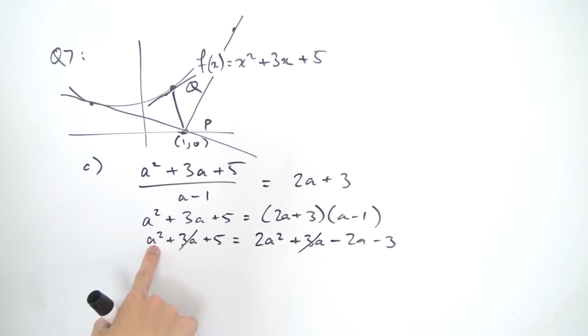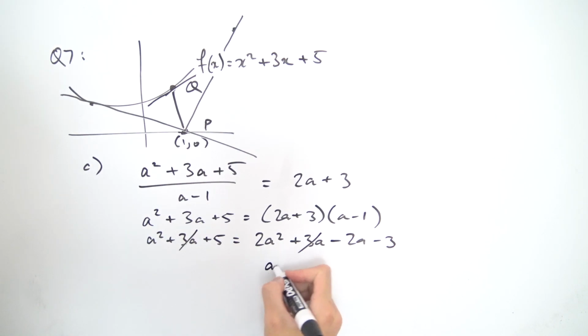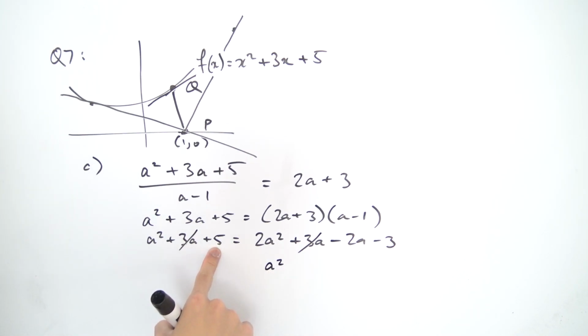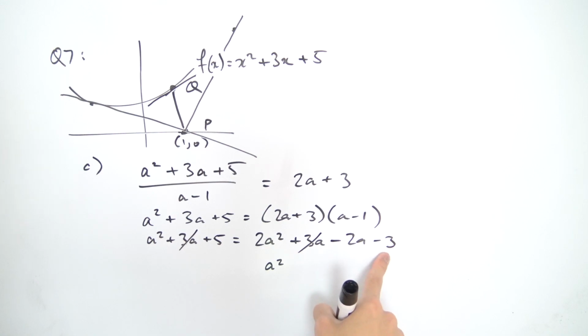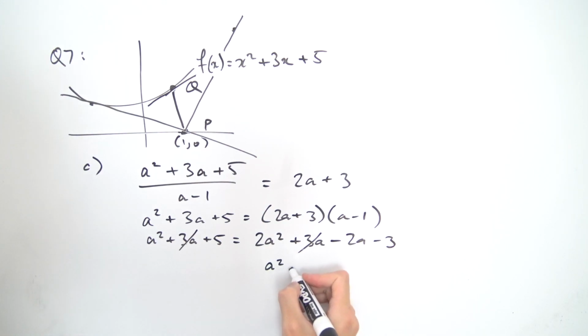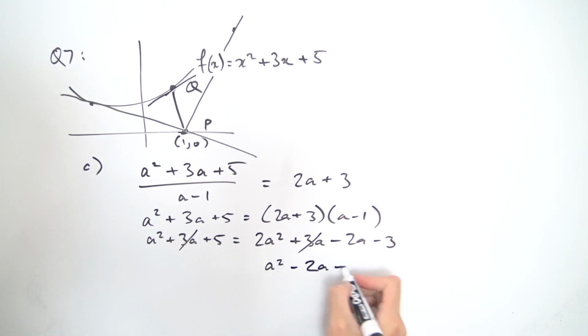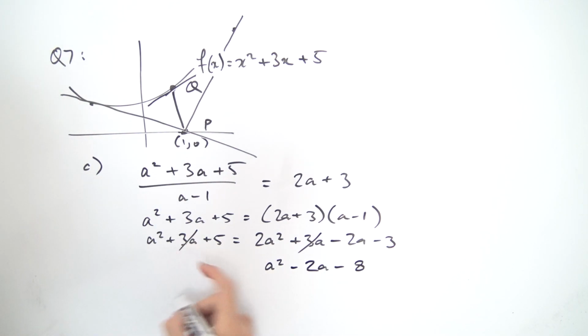2a squared, if we subtract a squared on both sides, we get a squared. Subtracting 5 on both sides, we're going to get minus 3 minus 5, which is minus 8. So a squared minus 2a minus 8. There's nothing left on this left hand side, so it's just equal to 0. And now we can factor this. Notice that minus 8 is equal to 2 times minus 4.